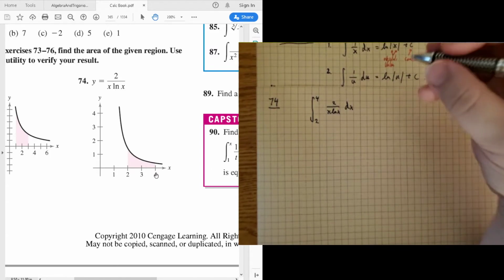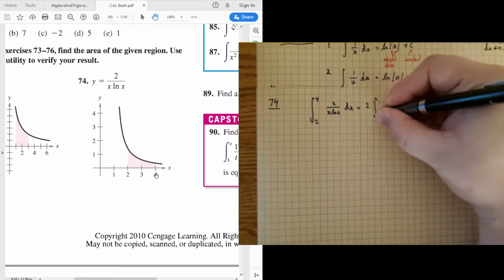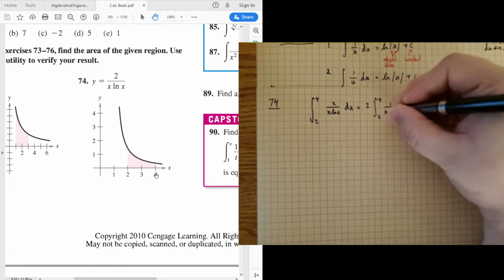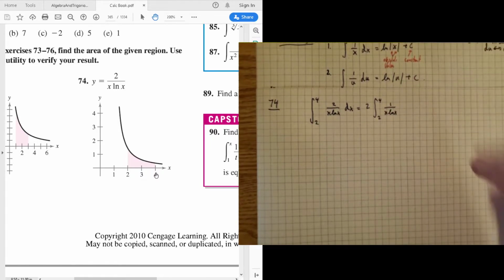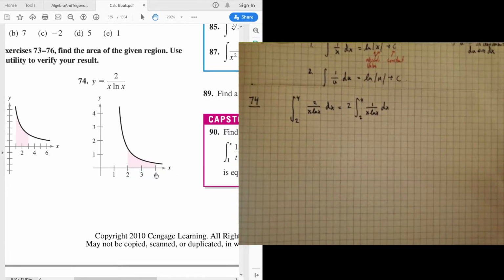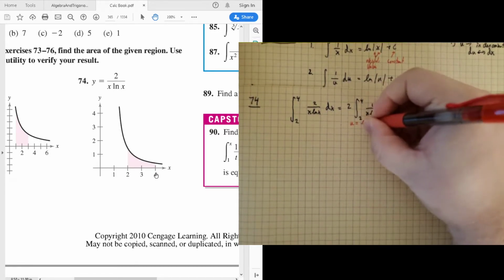So let's take a look at this function. First things first, I'll remove the 2 outside. Okay, and now just like before, I'm going to choose a specific u whose du is in the problem.